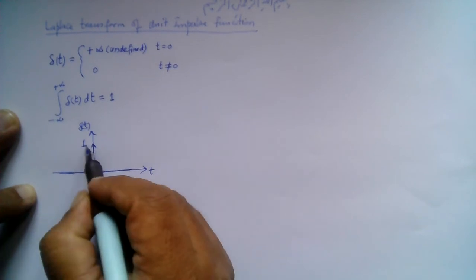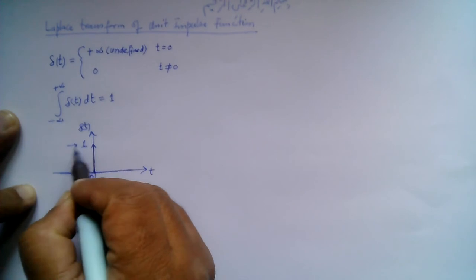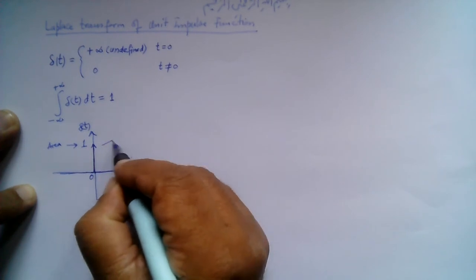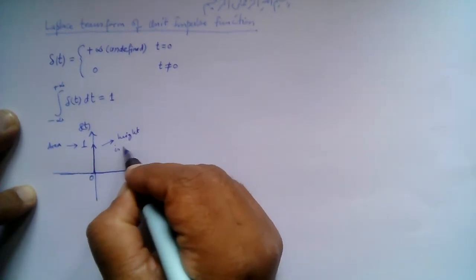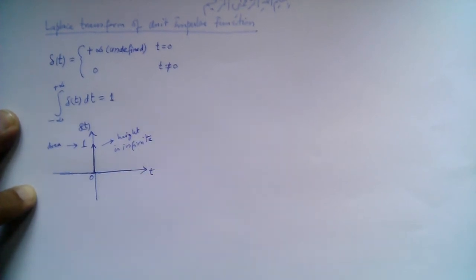But this one does not show the height, it shows that the total area is 1, right? This area is 1 and the height is infinite. So this is a unit impulse function.